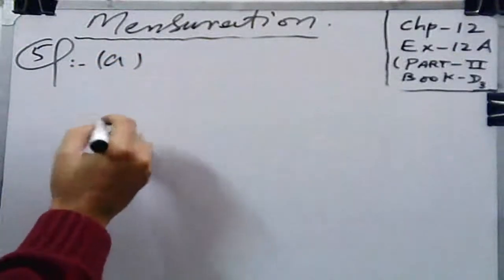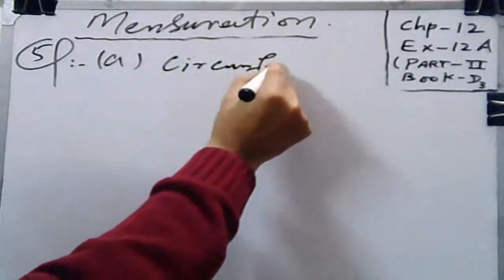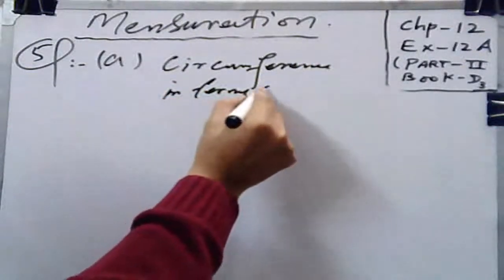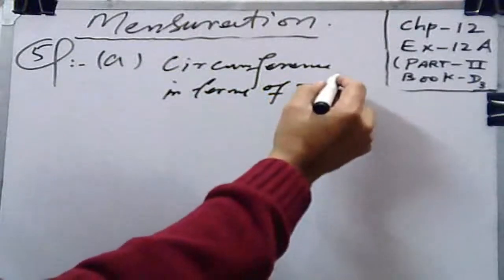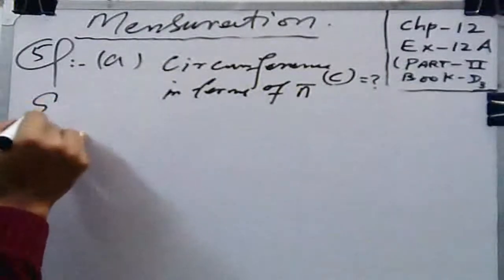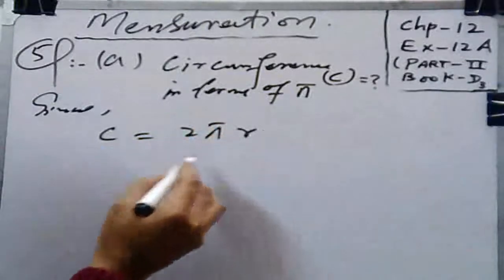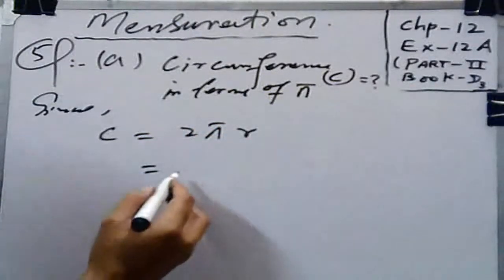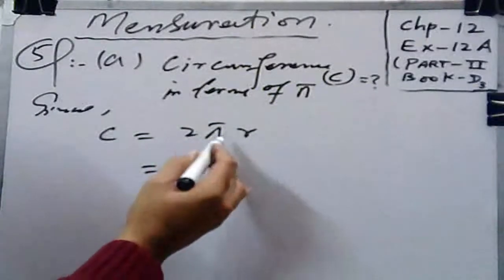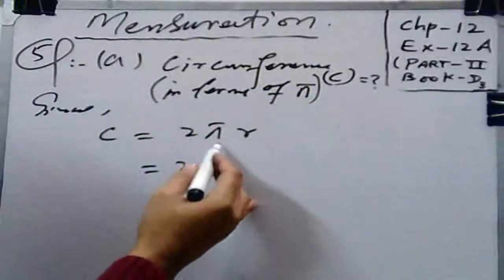First, we have to find the circumference in terms of pi. That is, we have to find C in terms of pi, and we know the formula of circumference, that is C is equal to 2 pi r. So putting the values, 2 pi, we don't have to put the value of pi because we have to calculate in terms of pi, so that's why the value of pi cannot be put here.